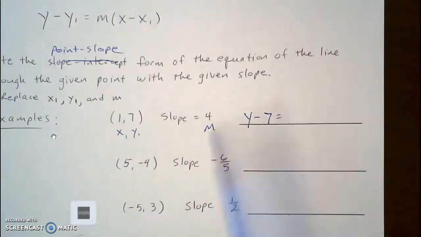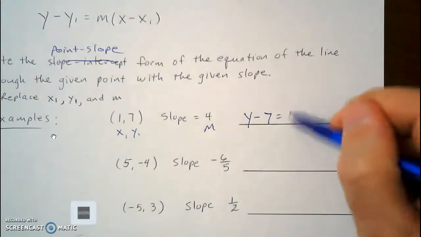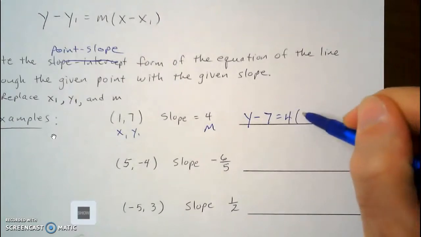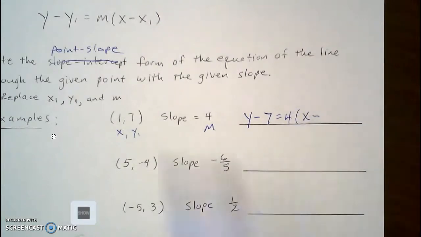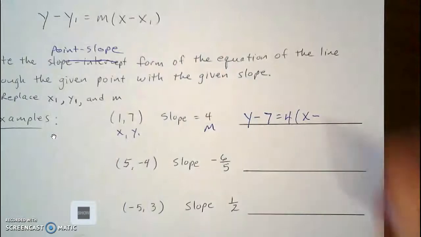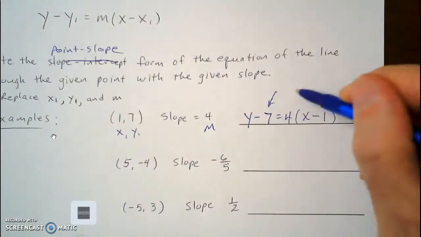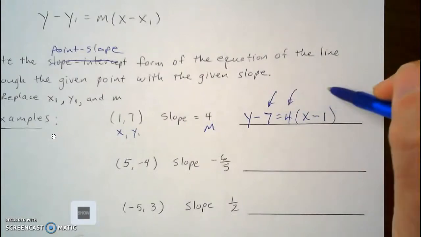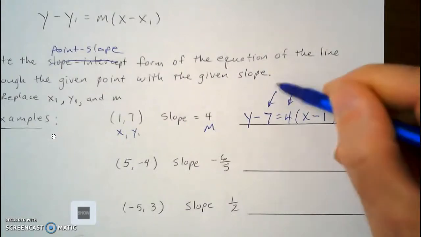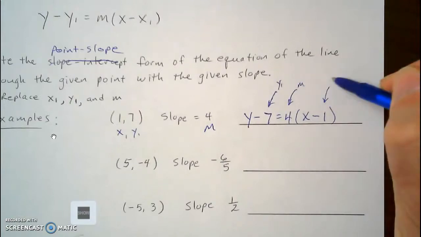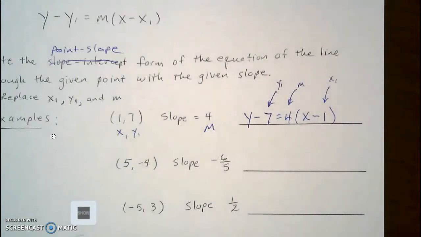Equals, well, instead of m, I was given the slope, so I'll put the 4 there. The formula reads x minus, x is 1. So all I really did was replace y1, m, and x1. That's it. So not much more to talk about.